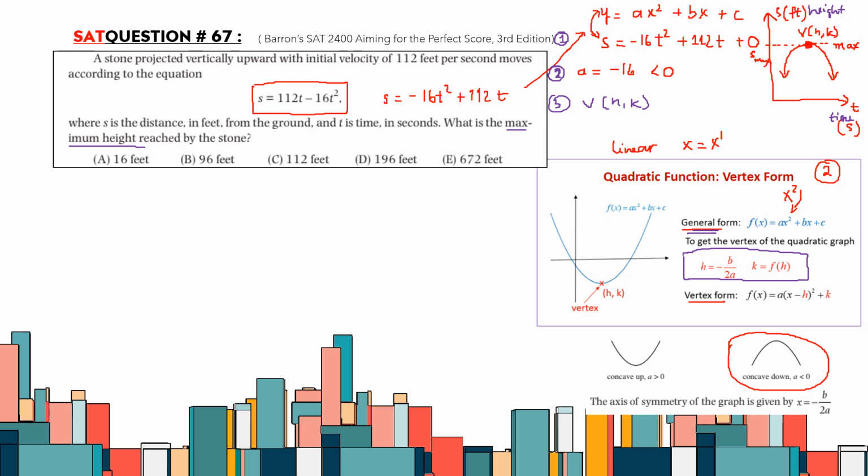So let's do that. We have h equals minus b over 2a. Our b in this case is 112, our a is negative 16. So minus 112 over 2 times negative 16.